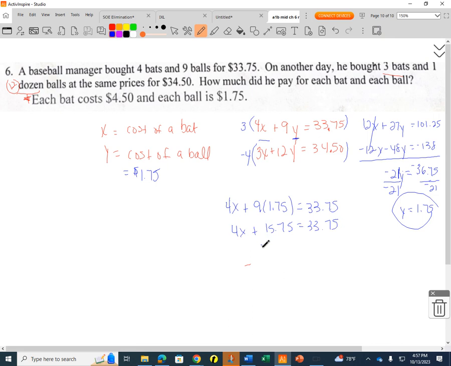We're going to subtract 15.75 on both sides. 4x equals 18. We're going to divide both sides by 4. And x equals 4.5. Remember, this is money. So each bat costs $4.50. So that's where we got that price.